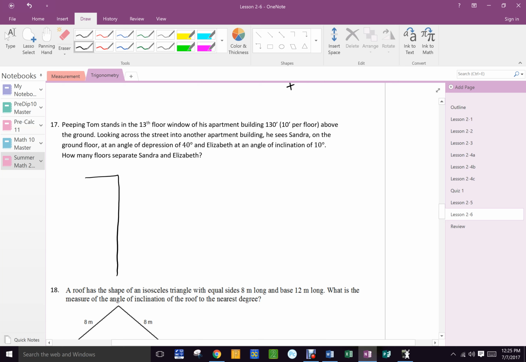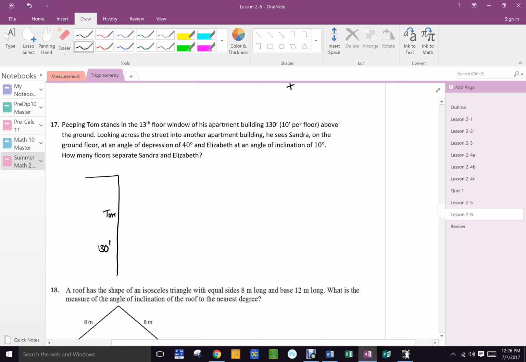Oh, my man, Peeping Tom. Peeping Tom stands on the 13th floor of his apartment building. So here's Tom. He's how far off the ground? 13 floors or 130 feet. Everyone agree? Excellent.